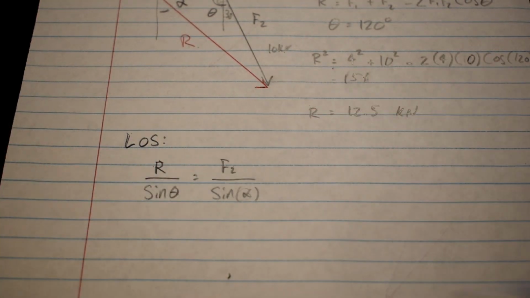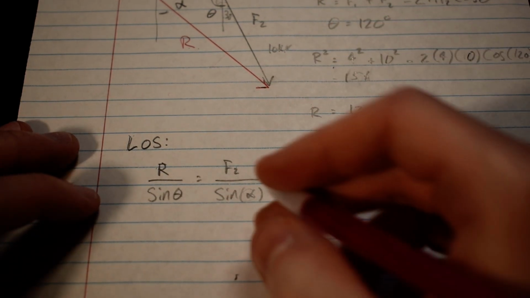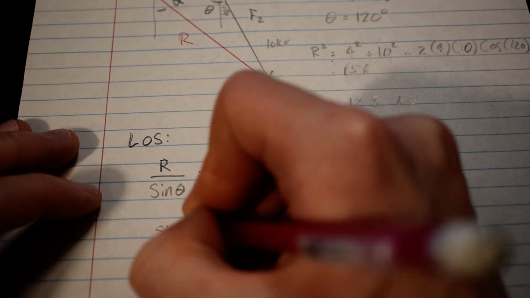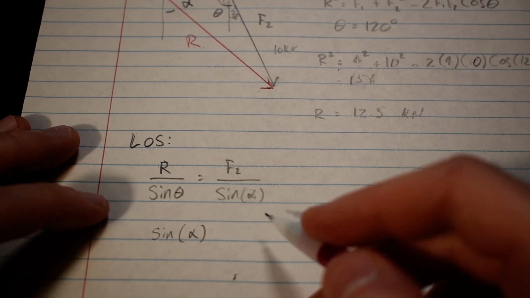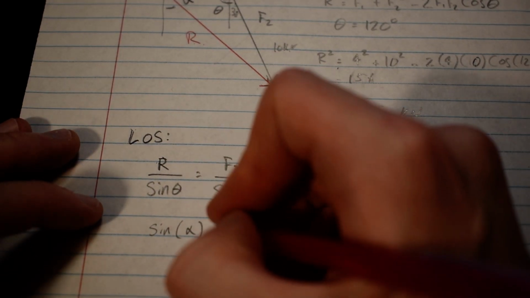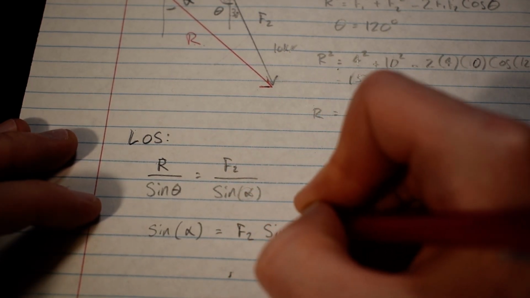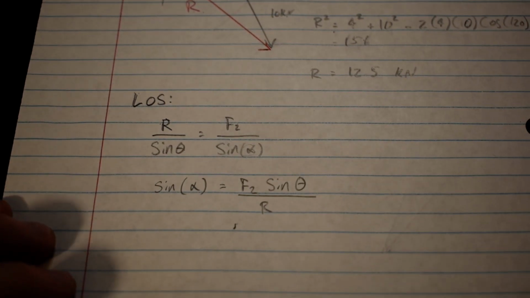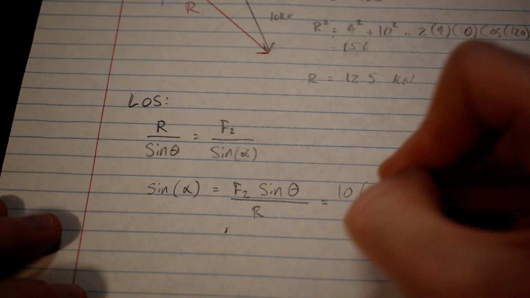So let's solve for the sine of alpha. I'm just going to do this in one step here. By switching these, we get sine of alpha is equal to F2 sine of theta divided by R. So we can plug in some numbers here because we know F2 is 10 kilonewtons.